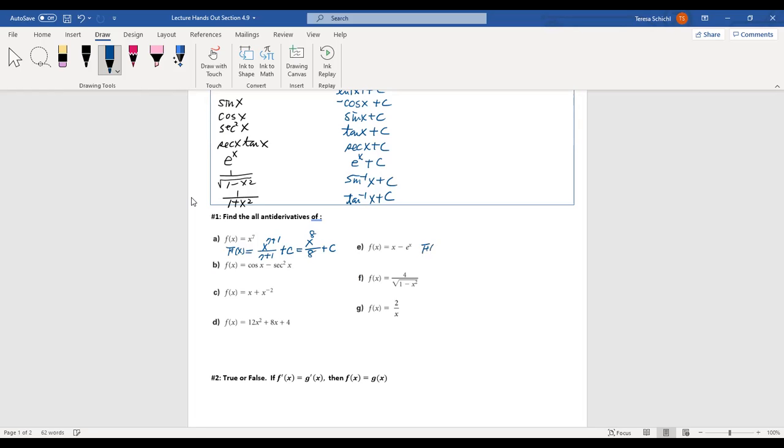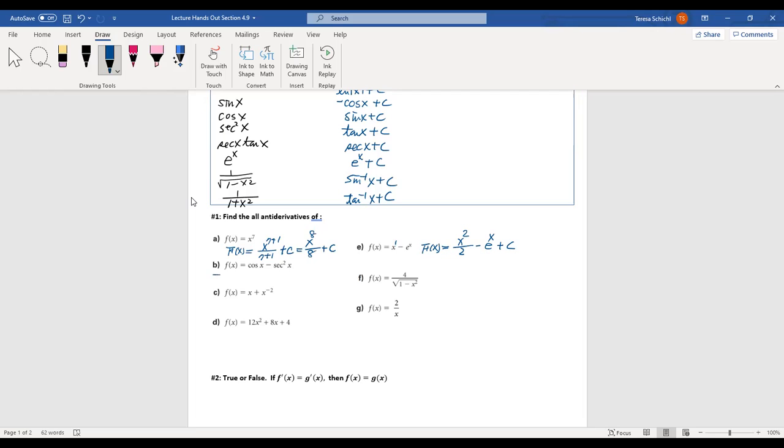Okay, so now for this one, this is x to the first power, so it will be x to the second power, 1 plus 1 is 2. And then the e to the x is by itself, so it's still the same. So this will be our antiderivative for the lowercase f of x here.